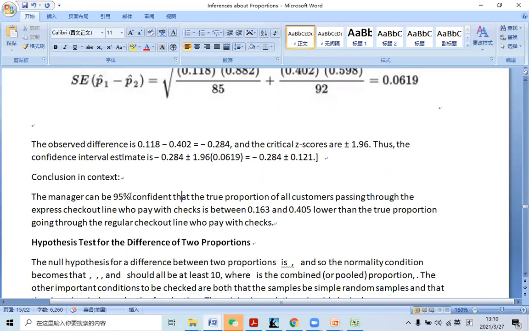The manager can be 95% confident that the true proportion of all customers passing through the fast checkout line who pay with check is between 0.163, that's 16.3%, and 0.405, that's 40.5%, lower than the true proportion going through the regular checkout line paying with checks. This is a 95% confidence interval.